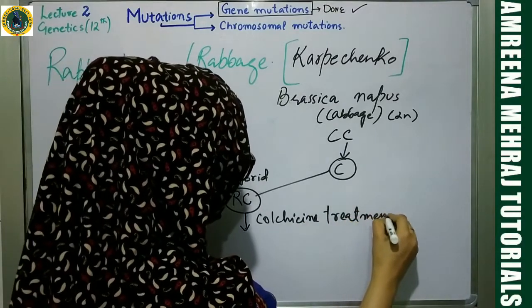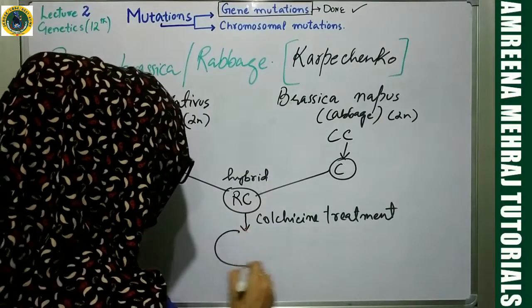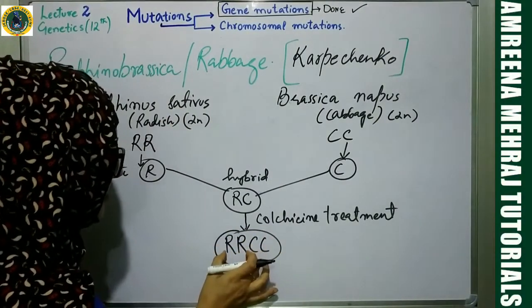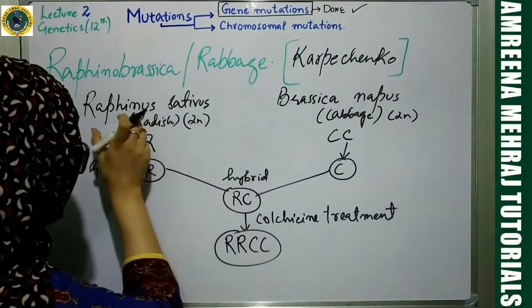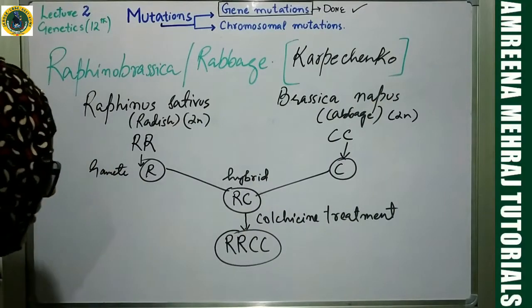he treated this with colchicine, so he gave it a colchicine treatment. After colchicine treatment, genome became RRCC, means 2 sets of genome from Raphanus sativus, and 2 sets of genome from Brassica napus, the cabbage.